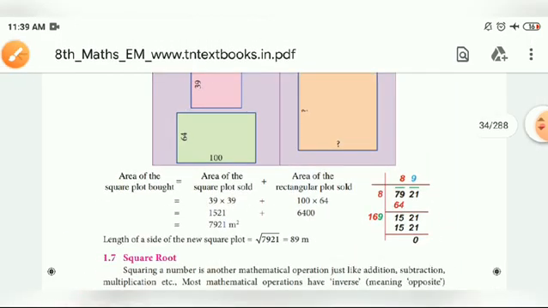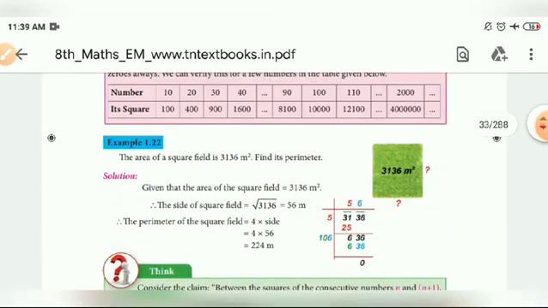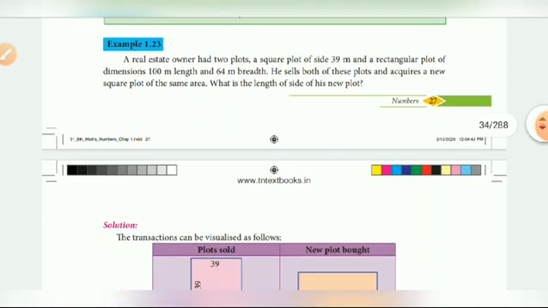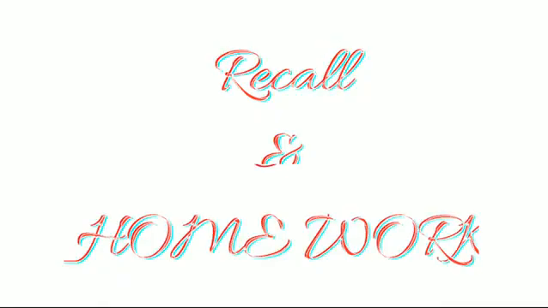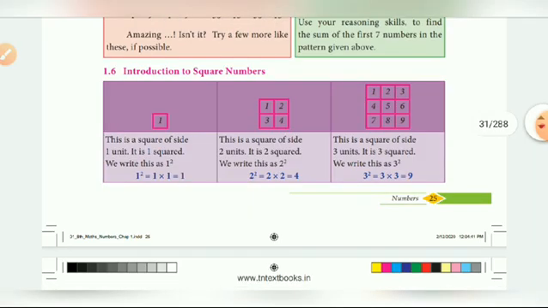So we discussed two example sums, example 1.22 and example 1.23. Hey students, in the last of our class, let us recall the topics we discussed in this class.